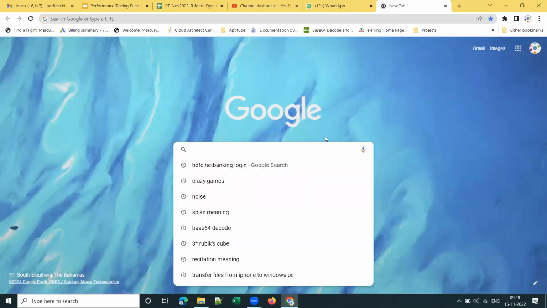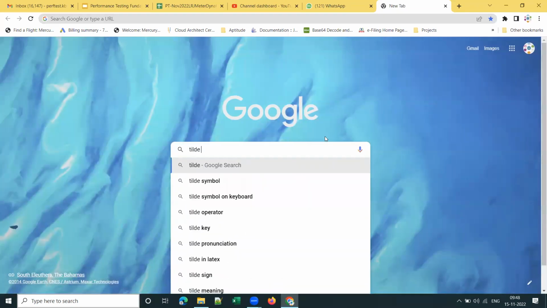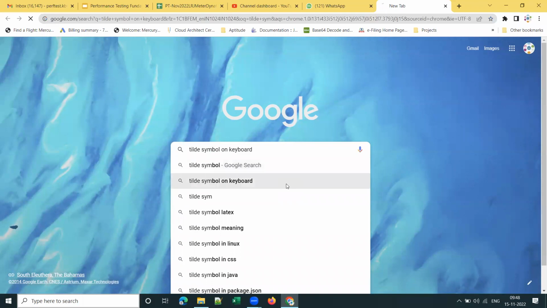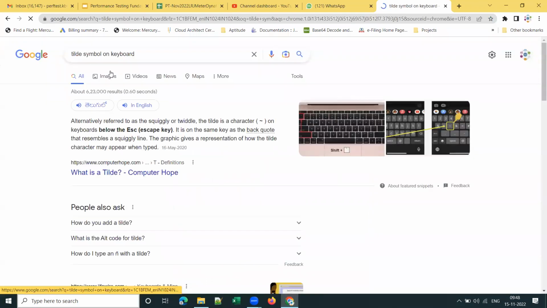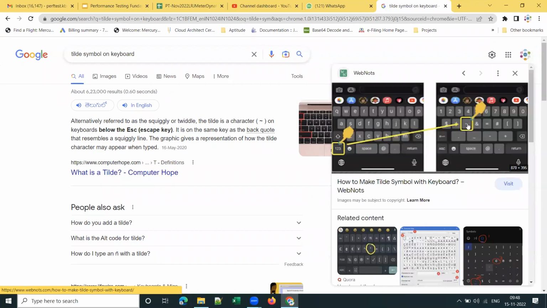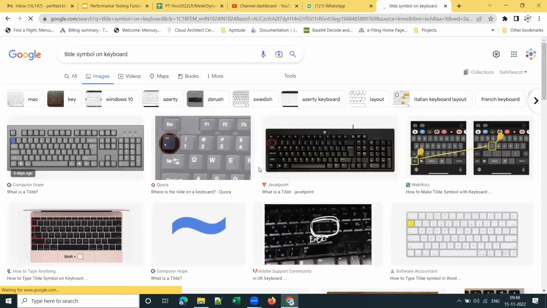Tilde symbol, on the keyboard. Let me highlight this one. That represents approximate. If someone is using the tilde symbol, that means approximate. Is it visible here clearly?